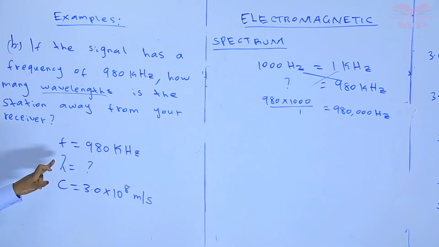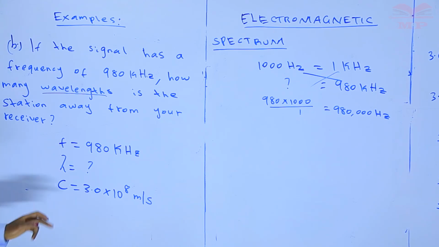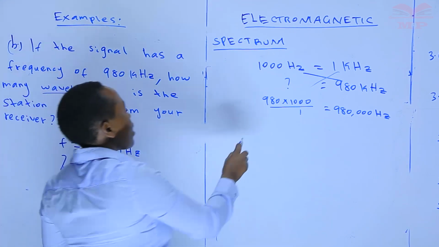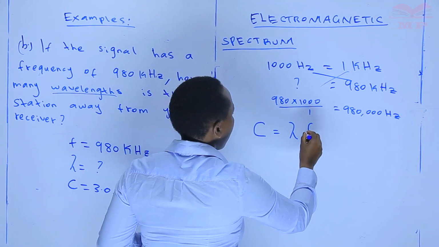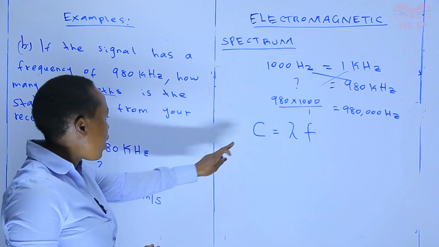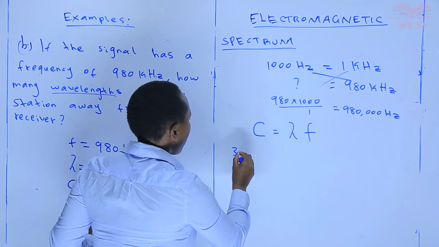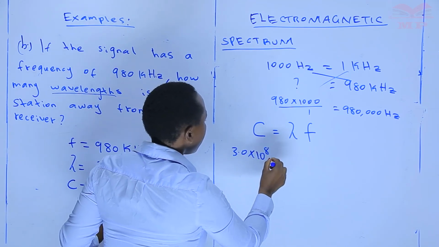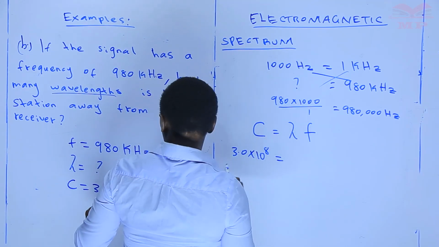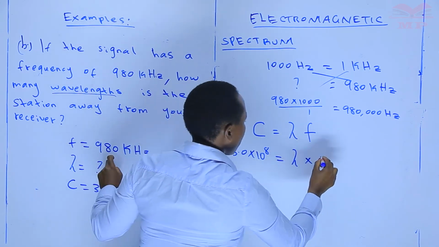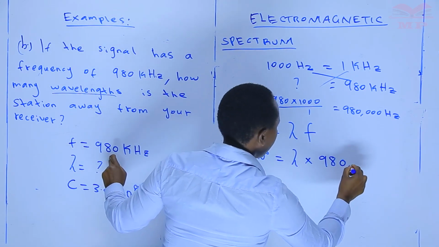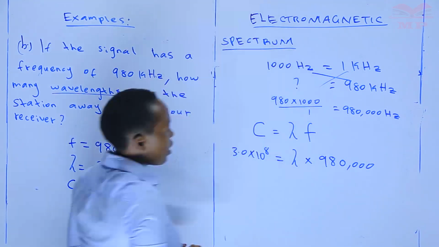We have frequency, we want wavelength, we have the speed. So again here, as you can see, we apply the wave equation. The wave equation is C is equal to wavelength multiplied by the frequency. Our C is 3.0 times 10 power 8, equal to our wavelength, which is in question, multiplied by the frequency, which is 980,000 hertz.